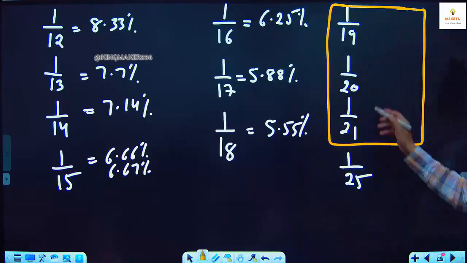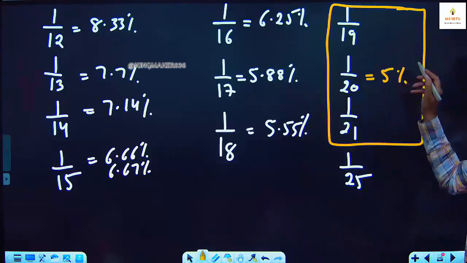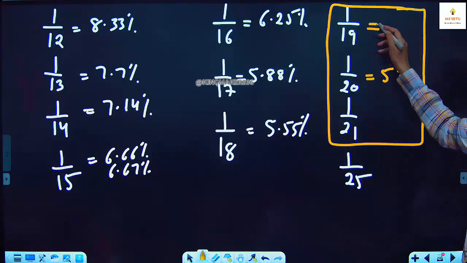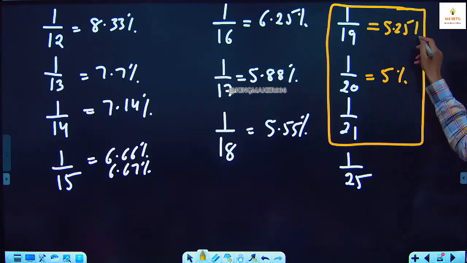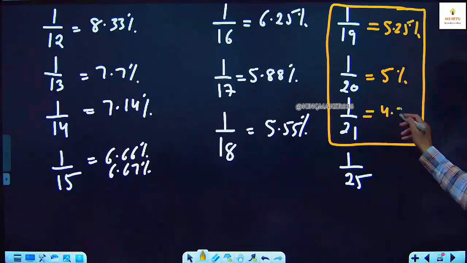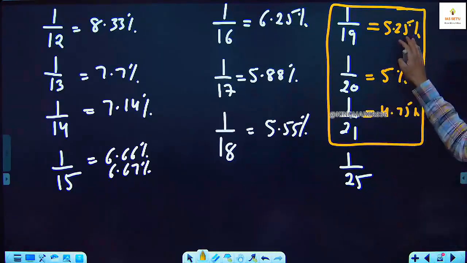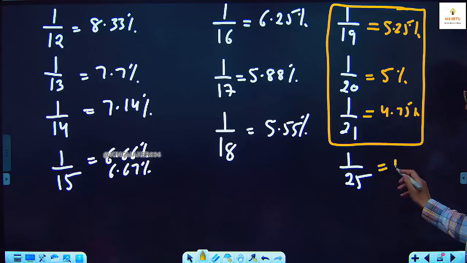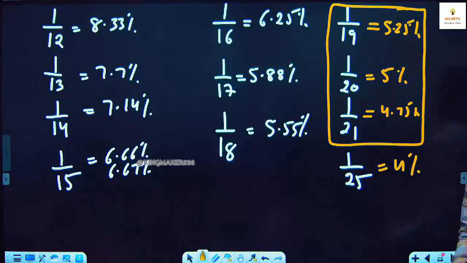I will tell you how. 1/20 is 5%. 1/19 is more than 5: 5.25. And the smaller one is 4.75. So 5.25, 5, 4.75, above and below 5. 1/25 is 4%.